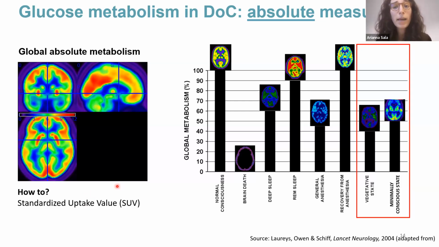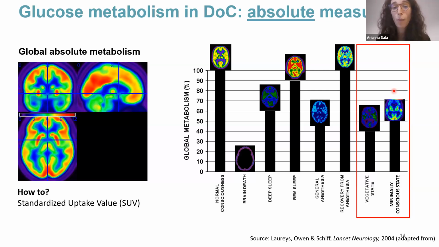And why do we care about this measure? Well, it has been proved that absolute glucose metabolism changes in different conditions. Even in sleep, we have a decrease of up to 20-25% of our global consumption in glucose metabolism. And in disorders of consciousness, the decrease observed is pretty strong, in the order of 50 to 70%.